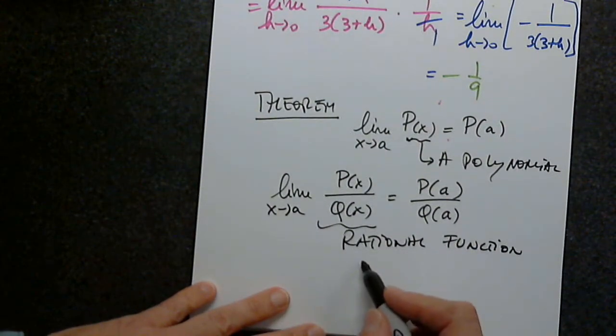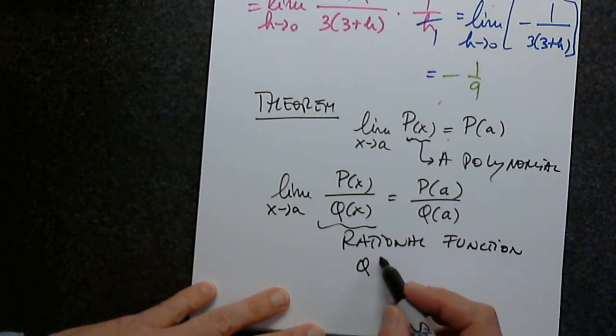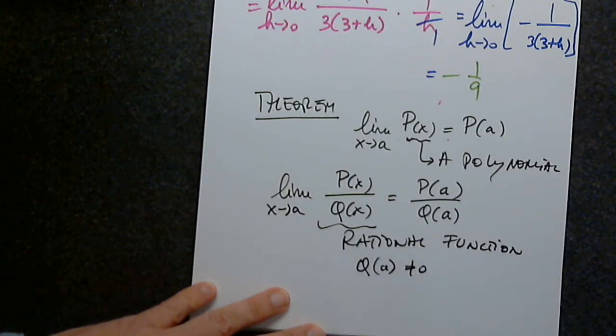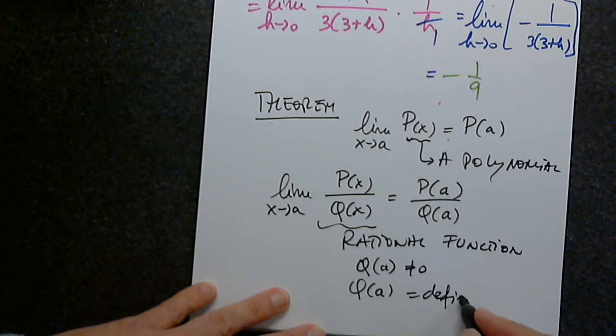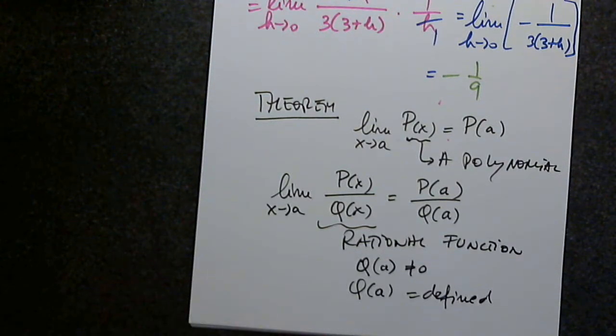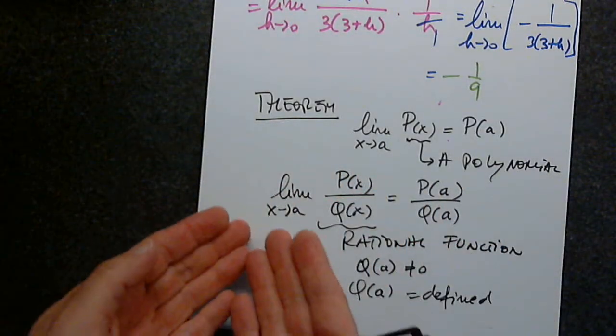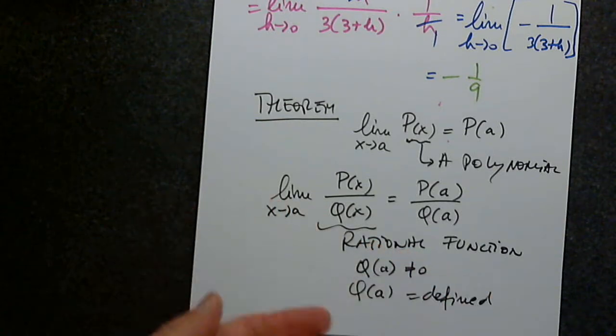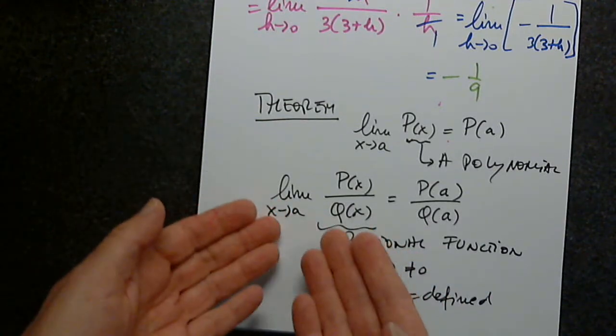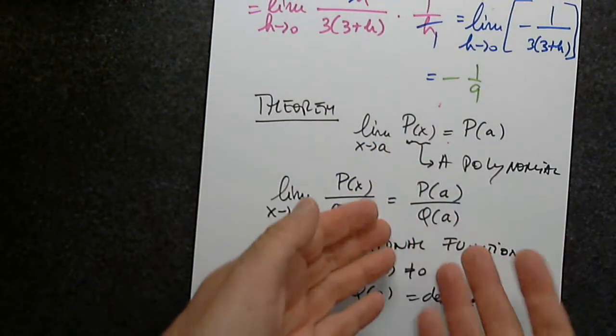As long as q of a is not 0, and q of a is defined, of course. Otherwise, we can't. So if a is in the domain of this function, I can write that. If a is not in the domain of this function, I cannot do that.